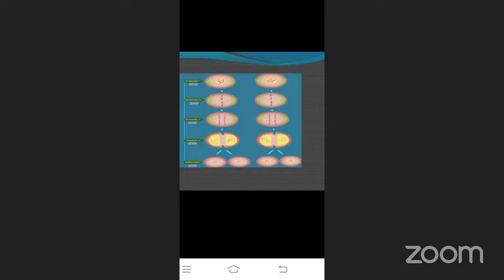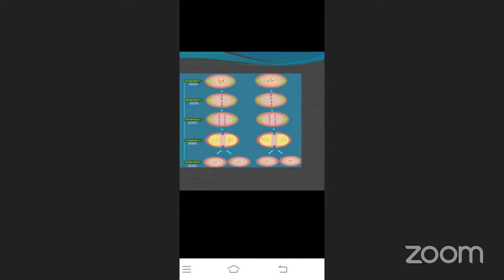This cell division is in all aspects similar to mitotic division. Meiosis consists of two successive nuclear divisions: meiosis one, which produces two haploid cells, and meiosis two, where these two haploid cells divide mitotically to produce four cells.